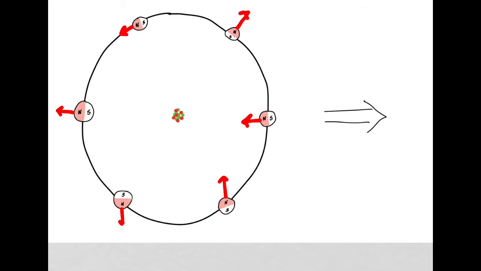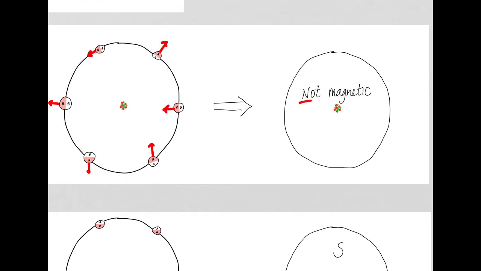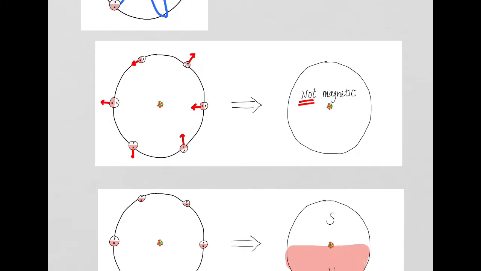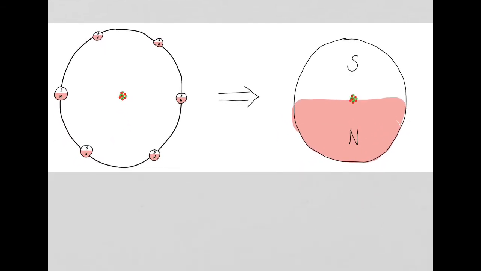So all of these different directions of the north poles cancel out, and that makes the overall atom not magnetic. If all of the atoms are not magnetic like this, that means that the matter that these atoms are making up is also not magnetic. But in our situation with iron, what can happen is these electrons can kind of line up or spin in a way that makes all of their north poles and south poles face the same direction.